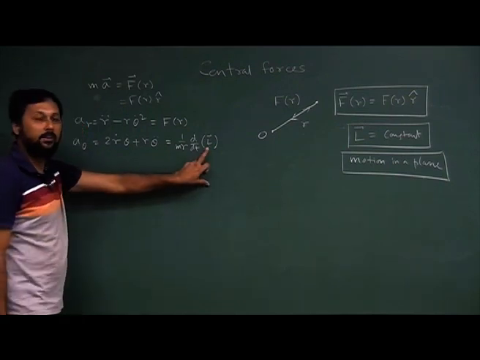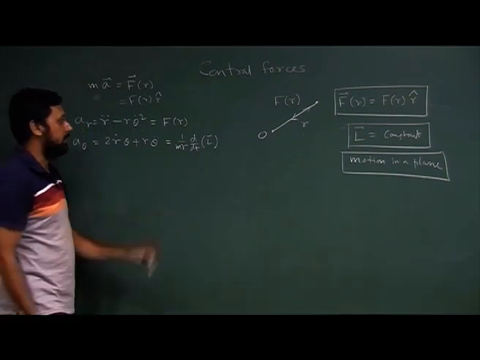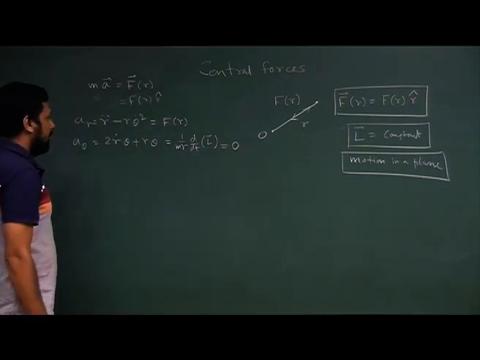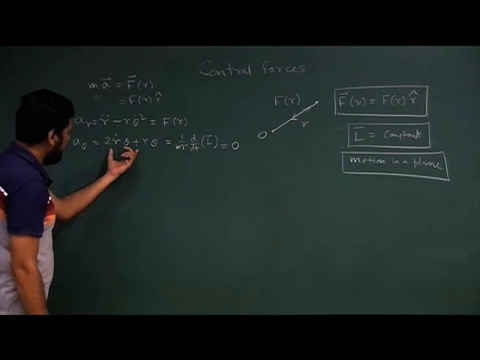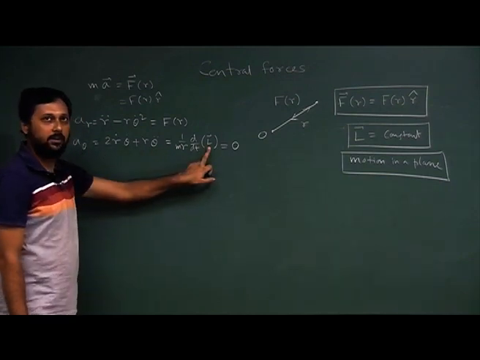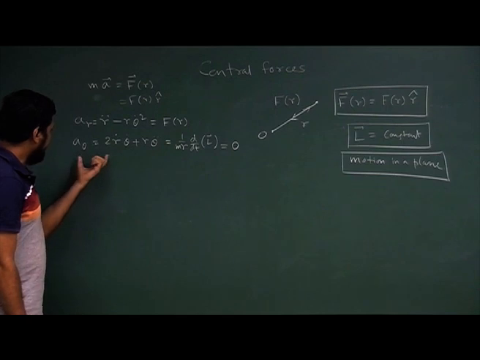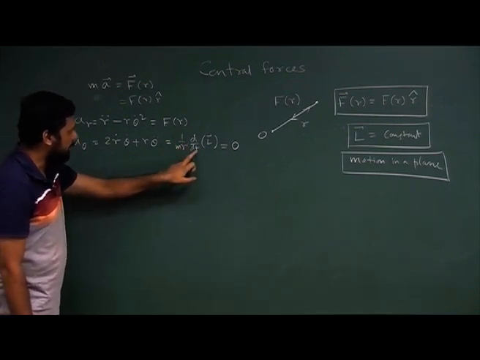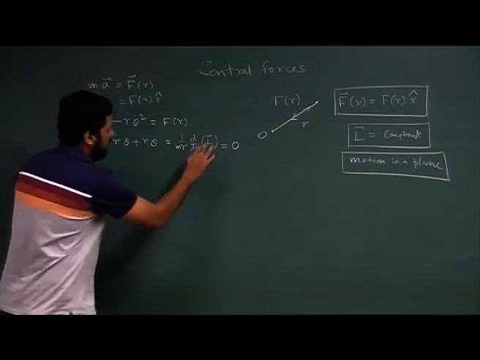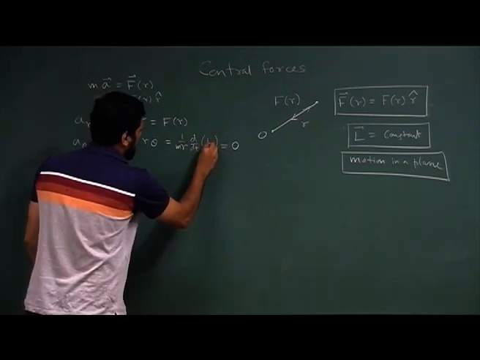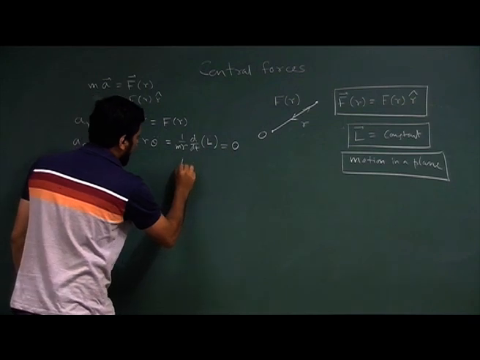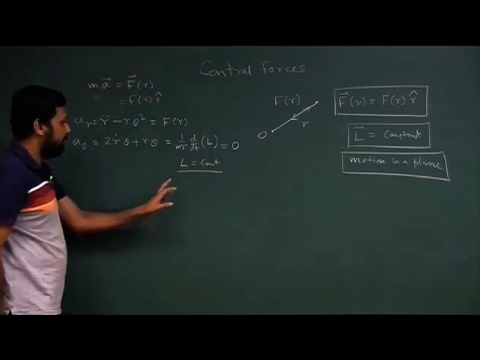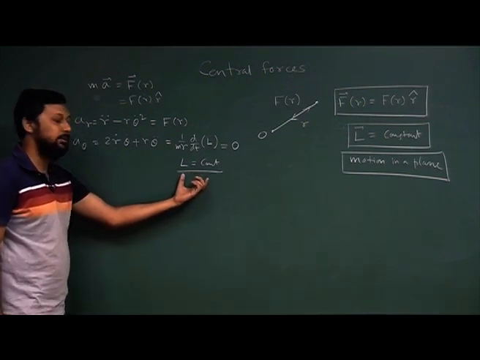We already proved that L is equal to constant, so no surprise that this whole thing is equal to 0. So, even this equation itself implies that L is a constant, because a theta essentially we have seen that it can be written as 1 by m r d/dt of L. So, this essentially tells us L is a constant, but please remember that this L is a magnitude only.